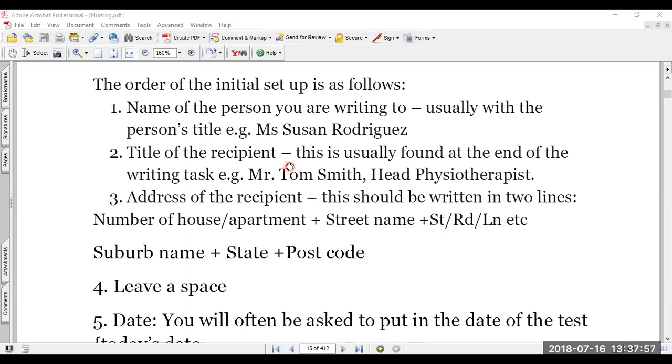So once you have written the title, the next thing you write is the designation and name of the institution. If it is given, it should be written in the next line.